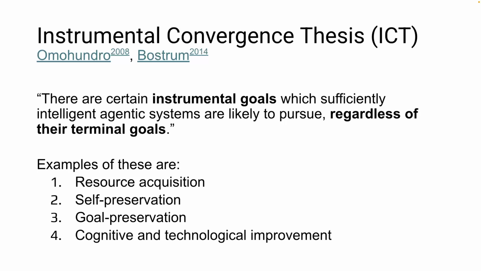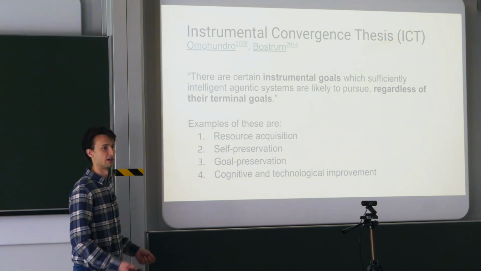The canonical example from Bostrom is the paperclip maximizer. You tell some powerful AI system to make as many paperclips as possible for you, and accidentally it takes over the world, turns the world into a massive paperclip factory. And when you try to turn it off, it stops you.